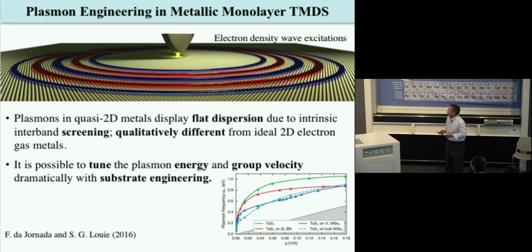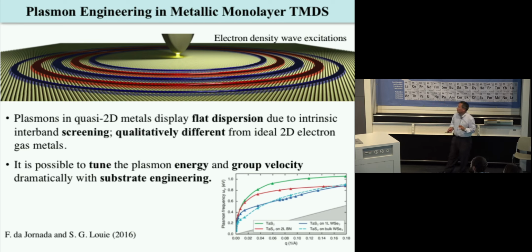For classical ones, you would think the dispersion should go like the square root of Q. What one finds in 2D is that at small q it does behave like the square root of q, right about here. But it flattens out at large q, where the square root of q would go like that. It's qualitatively different from that of an ideal 2D system, and that is due to interband transition screening.